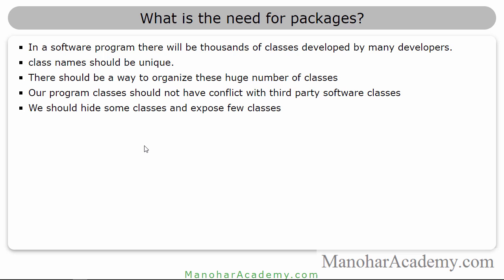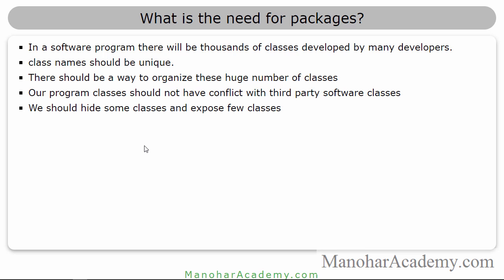Not only the classes that we create, in many cases we will also be using third-party developed code, and they will have classes, and our class names should not collide with their class names. There should not be any conflict overall.